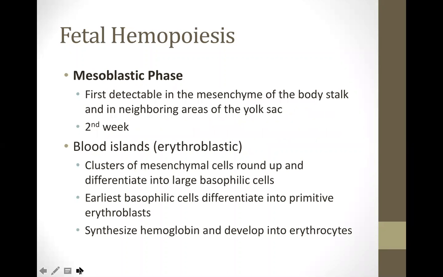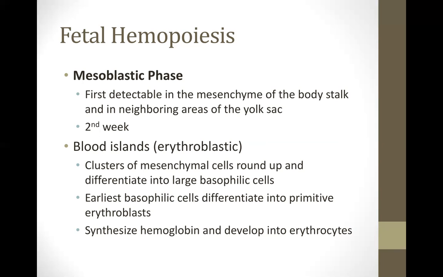Alright, so let's talk about the different phases of hemopoiesis. Now, let's start with fetal hemopoiesis. We have what we call the mesoblastic phase. This actually occurs during the second week of life. They are first detectable in the mesenchyme of the body stalk and the neighboring areas of the yolk sac. In the mesoblastic phase, there are what we call blood islands.